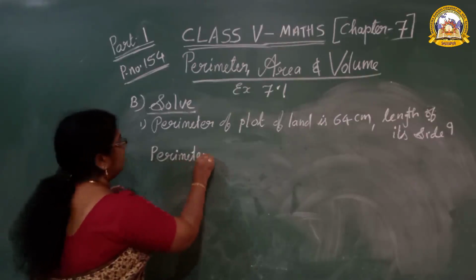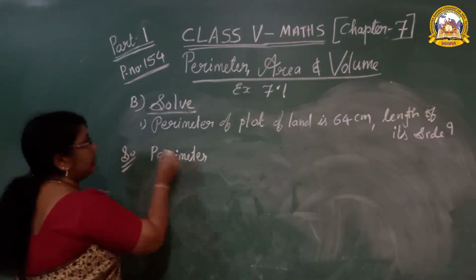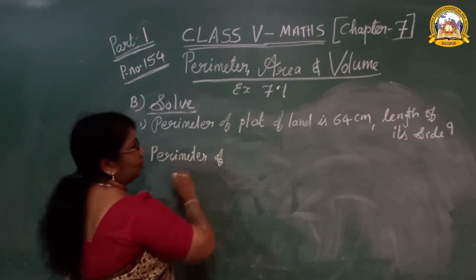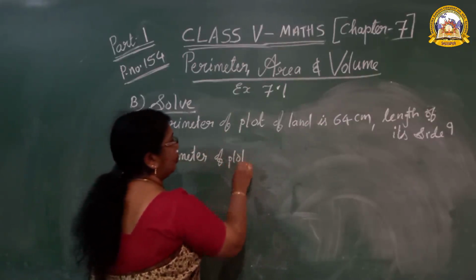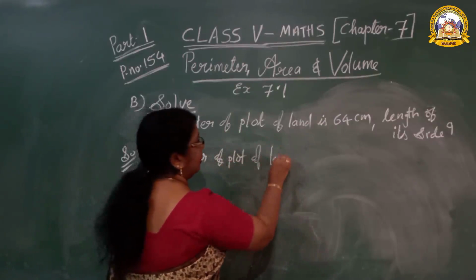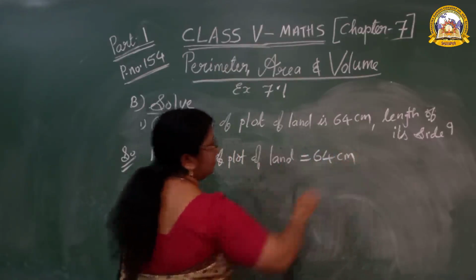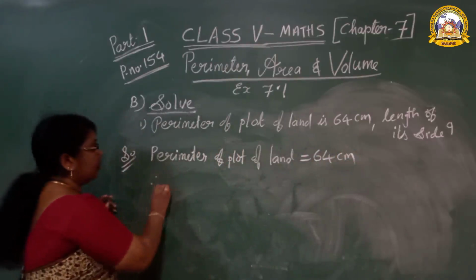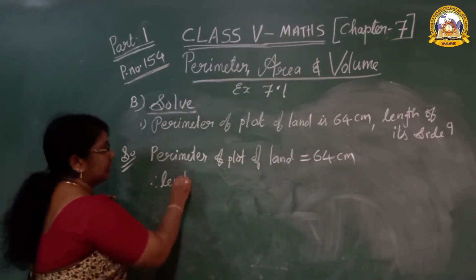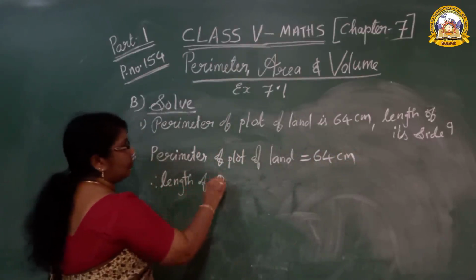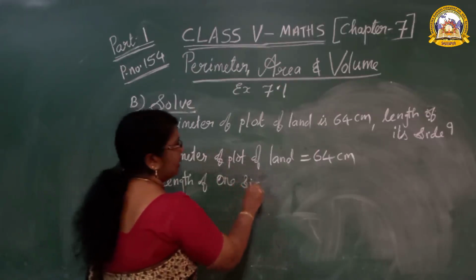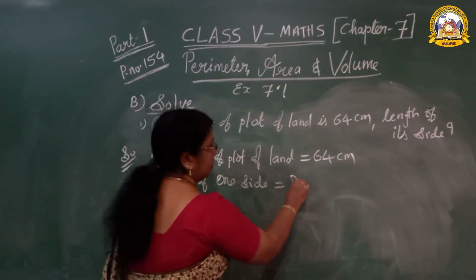Here is the solution. The perimeter of the plot of land is equal to 64 centimeter. Therefore, the length of one side. What is the formula for the length of one side?